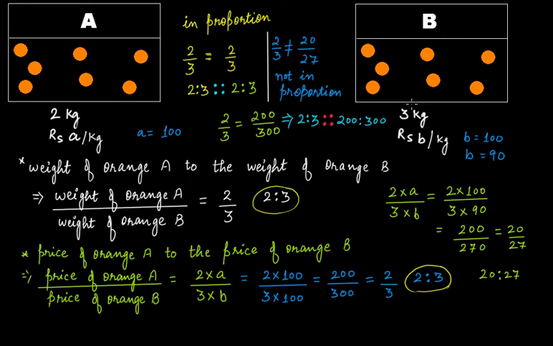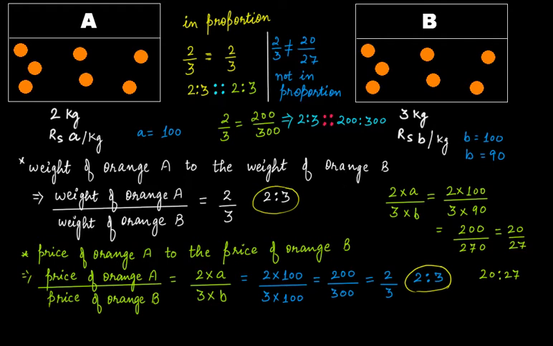Now, these are not in proportion because the prices are different. This one is in proportion because the prices are the same, and that puts it in the proportion zone.